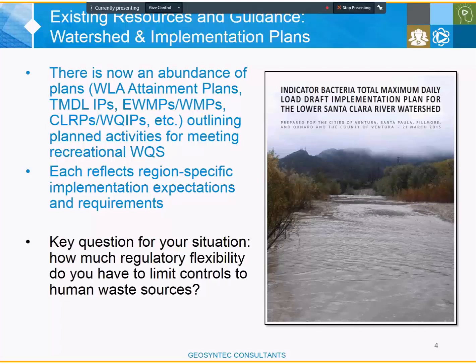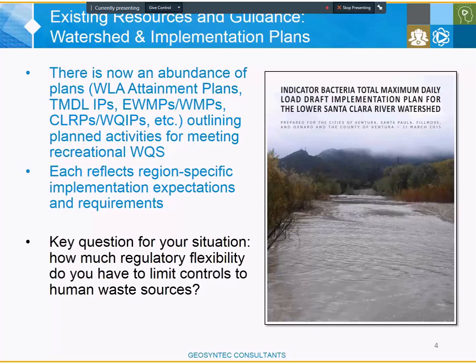Those under the LA Board, which were enforced through numeric compliance assessment means, have to undergo extensive reasonable assurance analysis modeling. So those are heavy in green infrastructure, and the costs are huge. I think the total cost, most of which is driven by bacteria, is on the order of $25 billion or more across the LA region. So why is there such region-specific variation? It's because of the specific and unique expectations of each regional board.